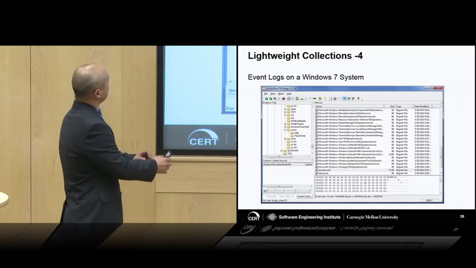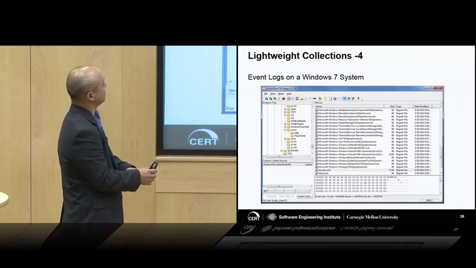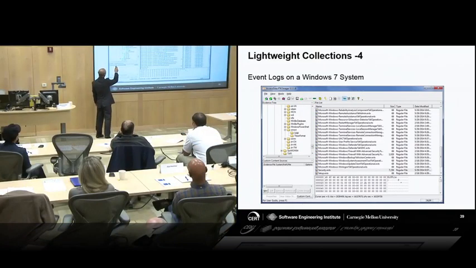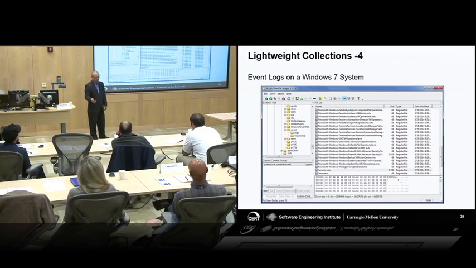So this is the event logs on a Windows 7 system. Up there, this is the FTK Imager. You can mount hard drive images onto the imager here, and you can take a look inside of the registries. That way, you don't necessarily have to have direct access to it. You can view things just by having a copy of it.